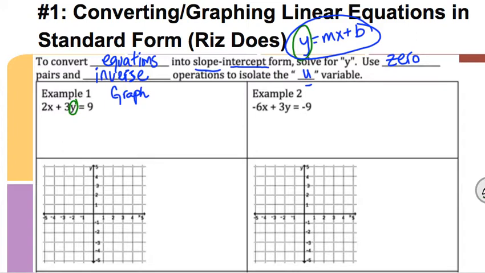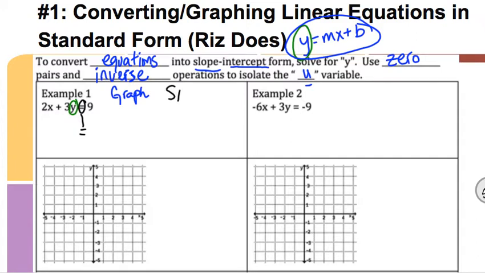Just like when I'm solving a regular equation, I'm going to find my balance right at the equal sign. Now, if I look at 2x plus 3y, the 2x is actually being added to the 3y, and then the 3 is multiplying the y.